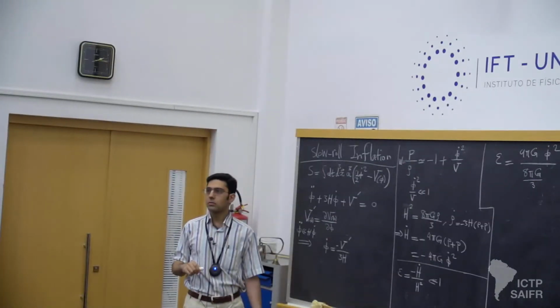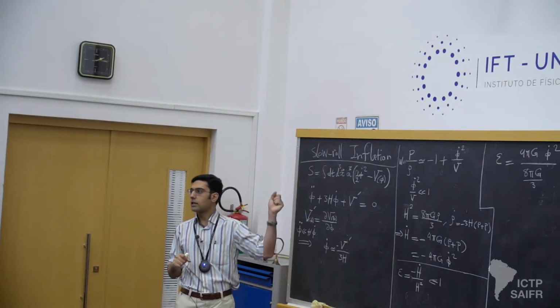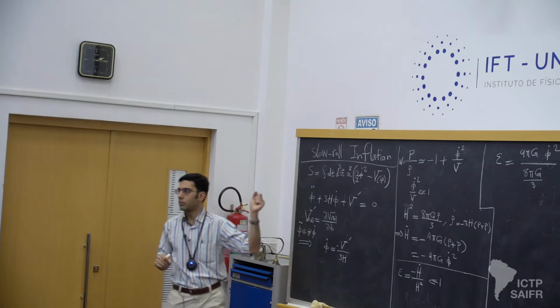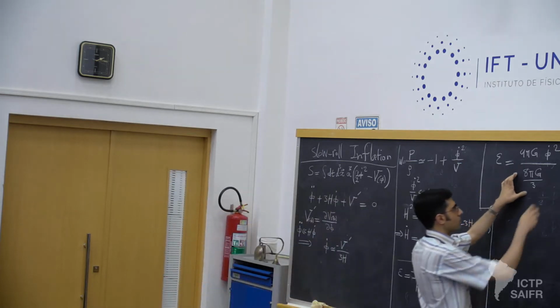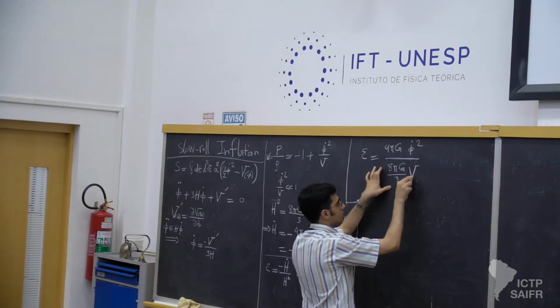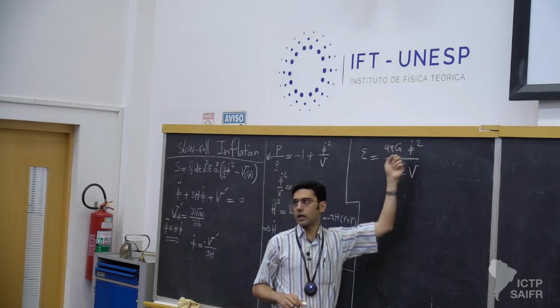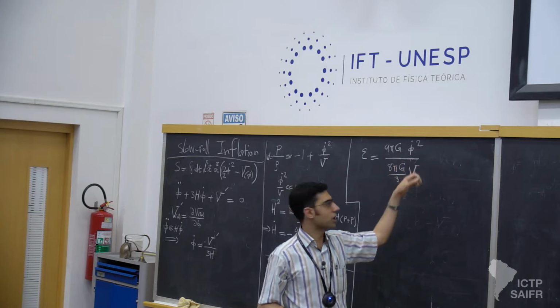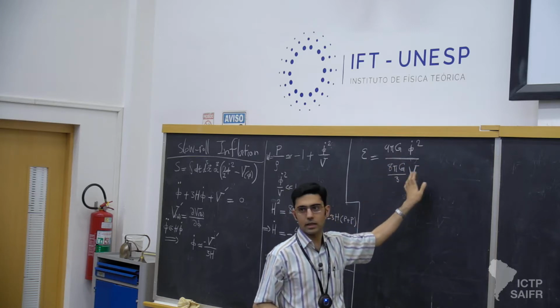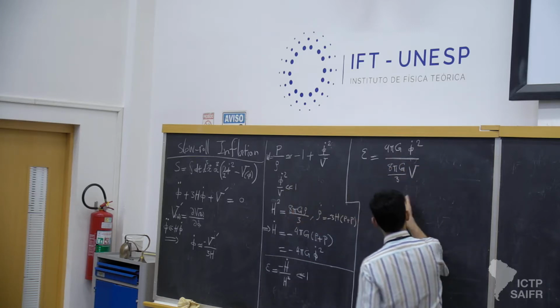But we are assuming that the kinetic energy is small compared to the potential, so rho is dominated by the potential. So to leading order in the ratio of the kinetic energy to the potential energy, I can just replace the rho by V. So I get this ratio.